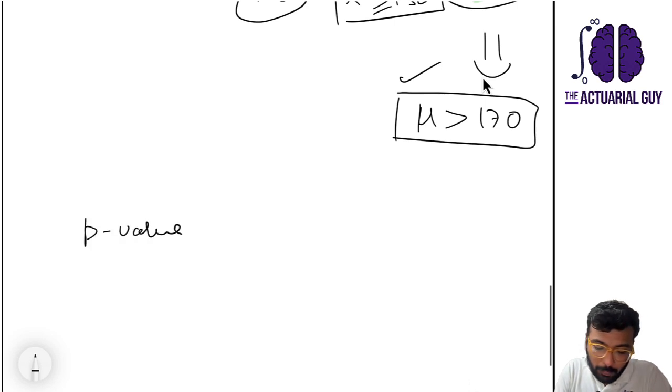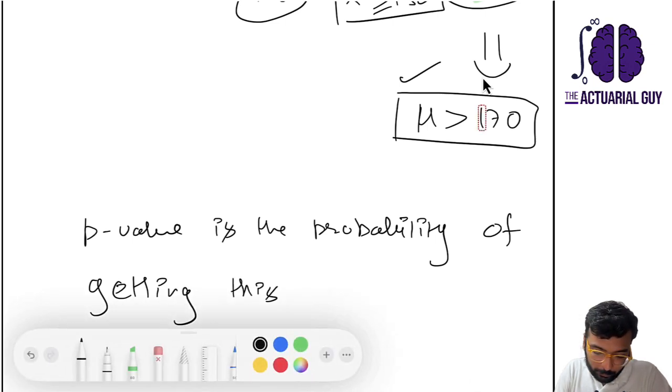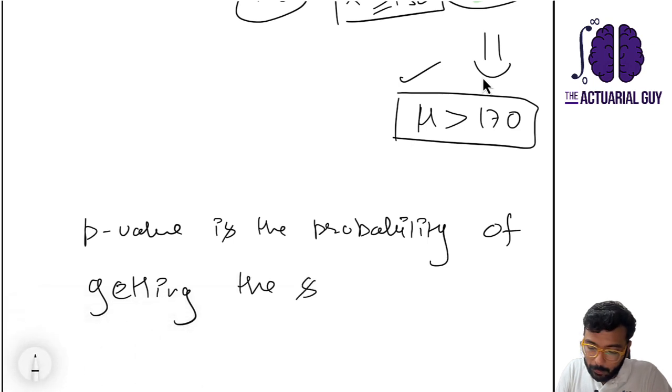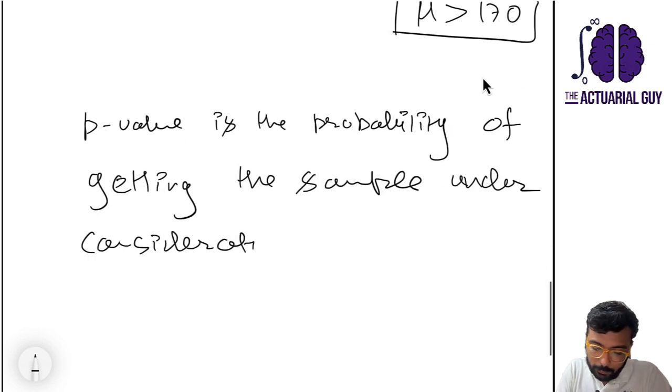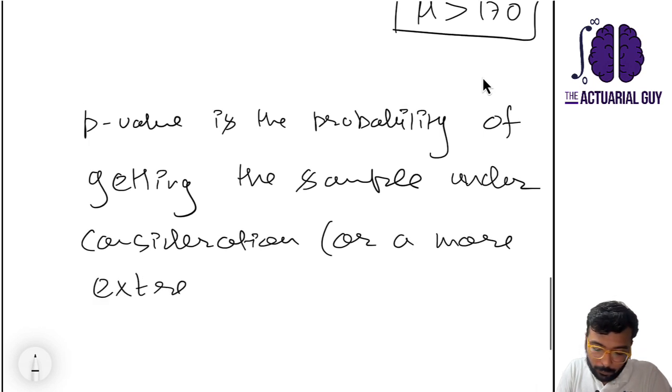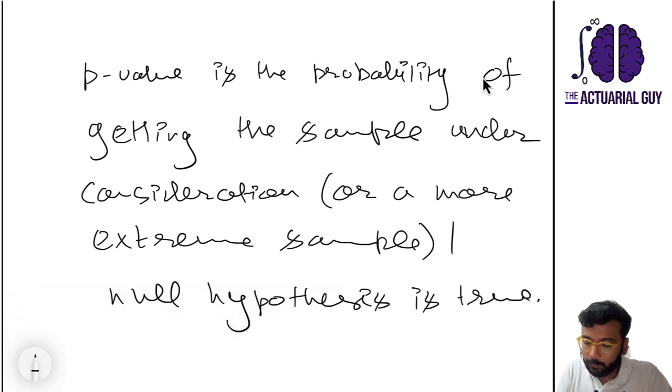What is p-value? P-value is the probability of getting this sample, or getting the sample under consideration, or a more extreme sample, given that the null hypothesis is true, right?